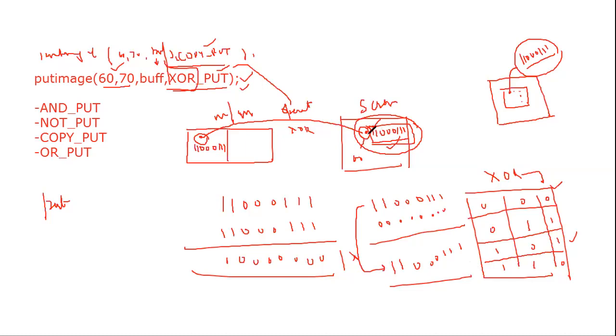It means if the image is in the memory and it is not on the screen, XOR operation will put the image on the screen. If the image is on the screen and it is also in the memory, then it will erase the image from the screen.